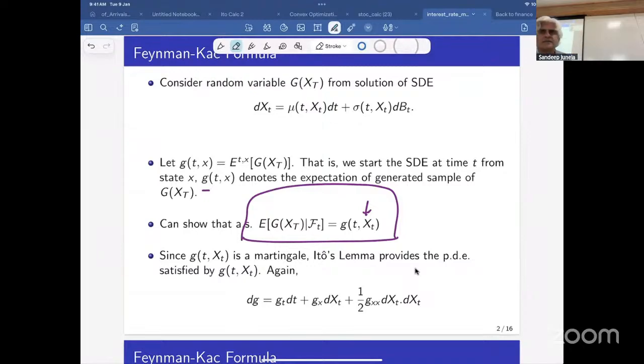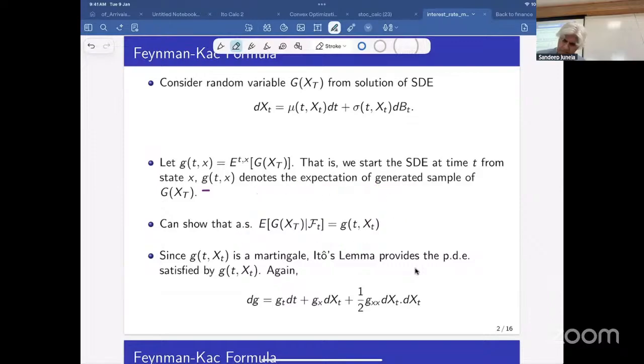Where is small t being used between G(t, X_t)? Small t defines a position. Capital T is how you define it.